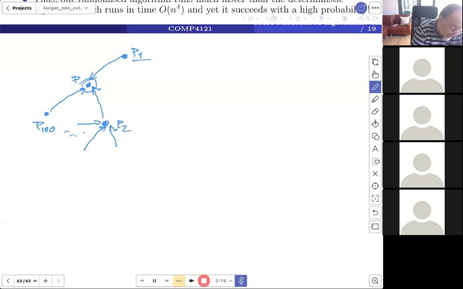So then maybe we should call a web page important if lots of links point to it, and these links come from web pages that also have lots of links in turn pointing to them. What do you think? Will this solve the problem?